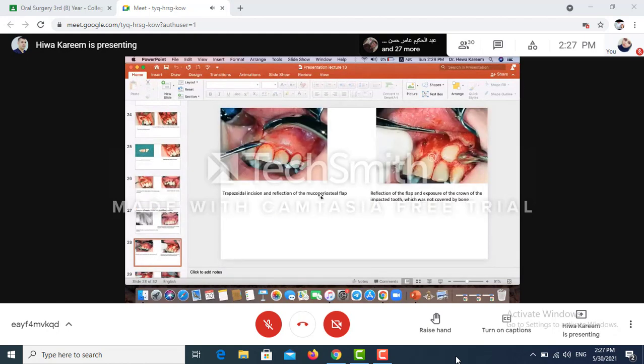The same principle, a trapezoidal flap like this, and reflection of the flap by periosteal elevator, using the sucker for suctioning the blood. After reflection, the tooth is exposed, not fully covered by the bone.